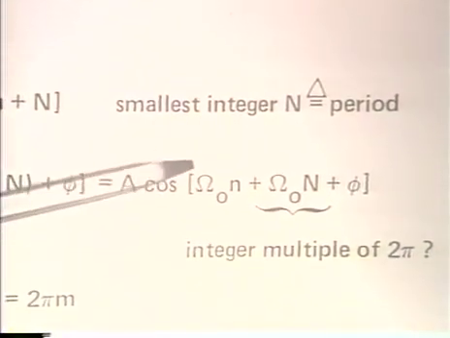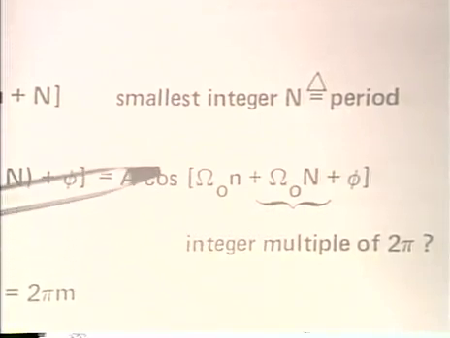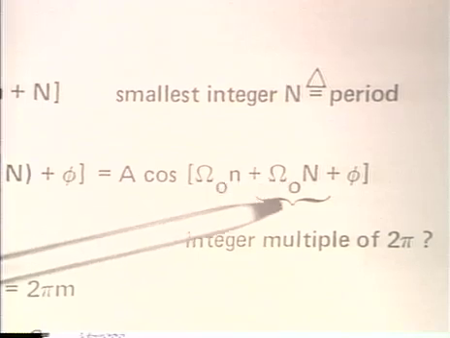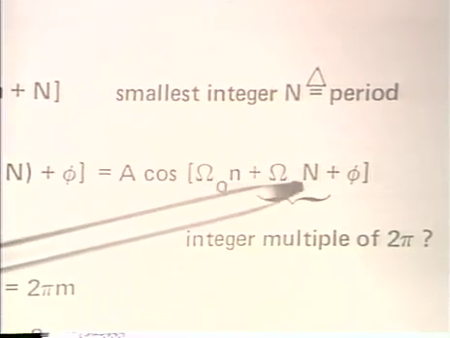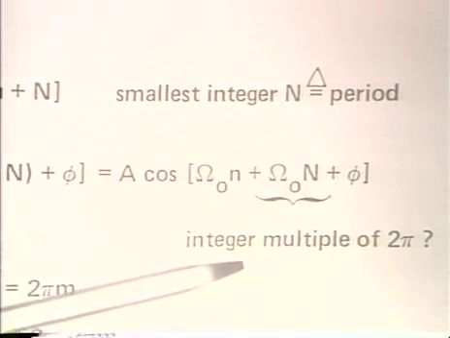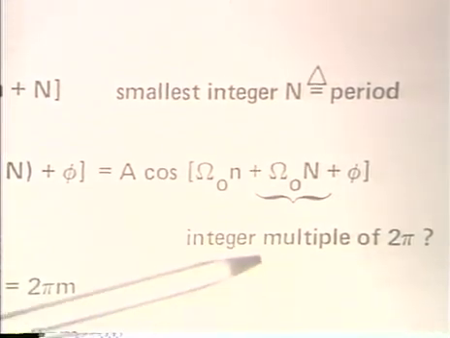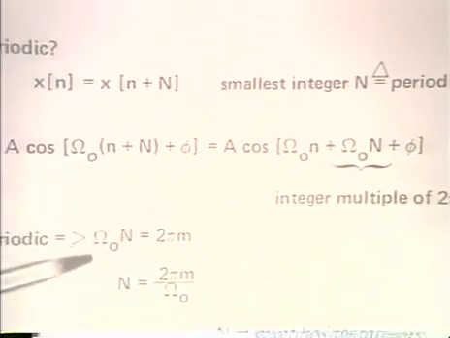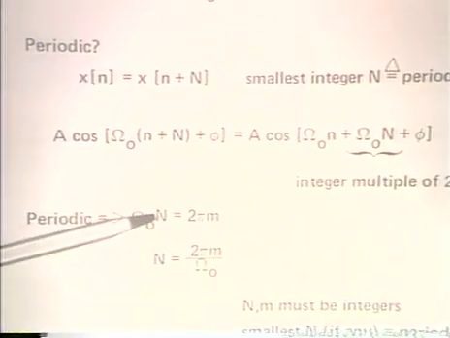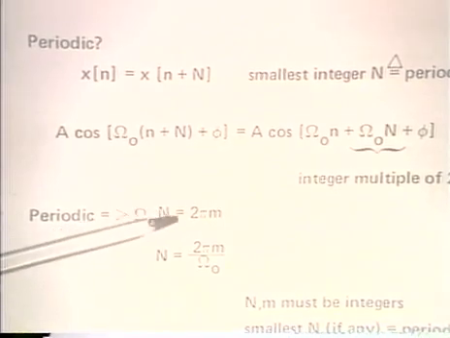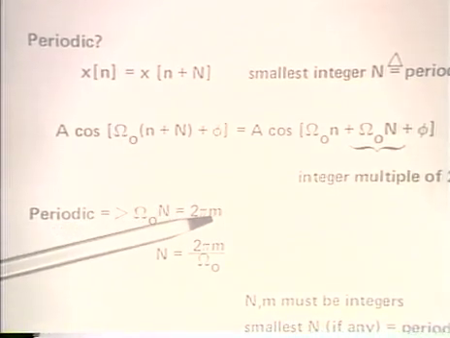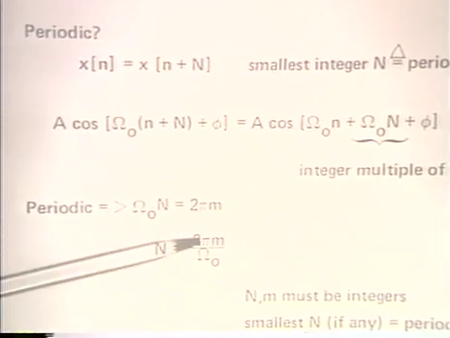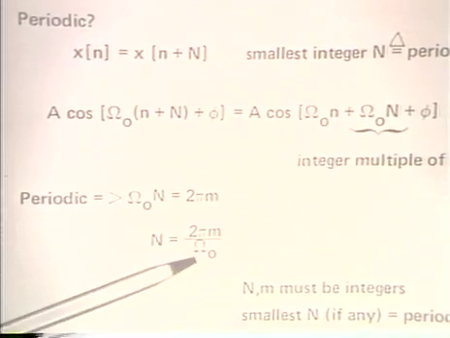And in order for this to repeat, in other words, in order for us, in effect, to discard this term, omega 0 times capital N, where capital N is the period, must be an integer multiple of 2 pi. And in that case, it's periodic as long as omega 0 times capital N is 2 pi times an integer. Just simply dividing this out, we have capital N, the period, is 2 pi m divided by omega 0.